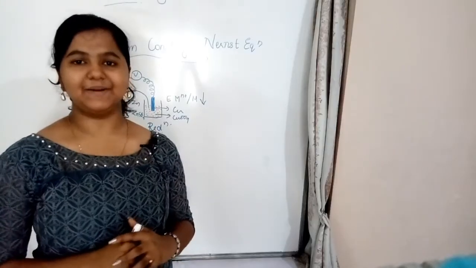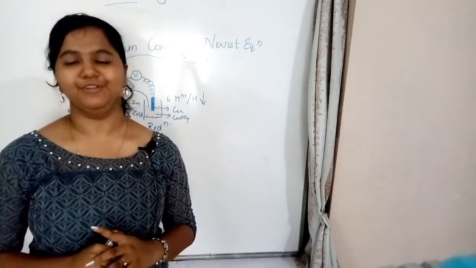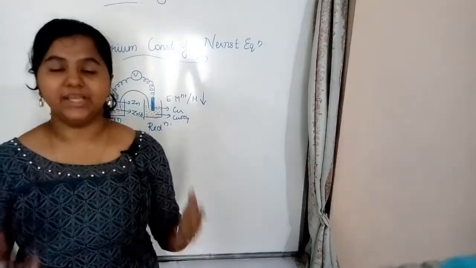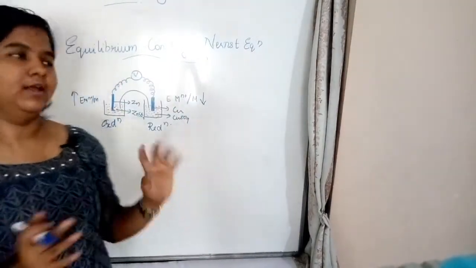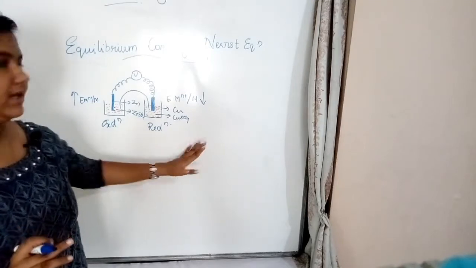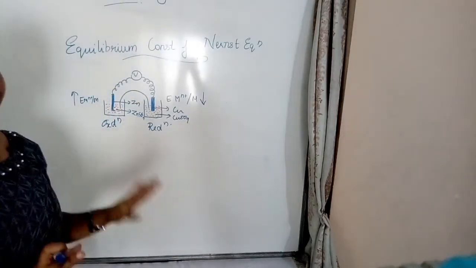Now we'll discuss the equilibrium constant for a Nernst equation. So what happens in the anode and cathode of a cell? In the oxidation half cell and the reduction half cell, this is the setup of a Daniell cell. We know that.